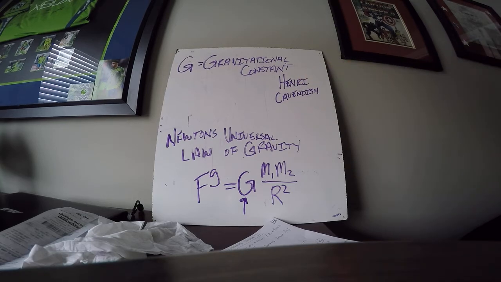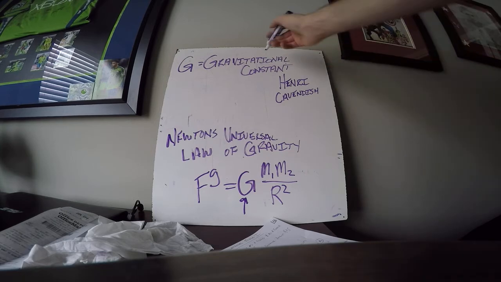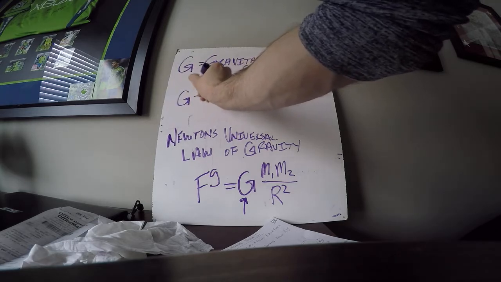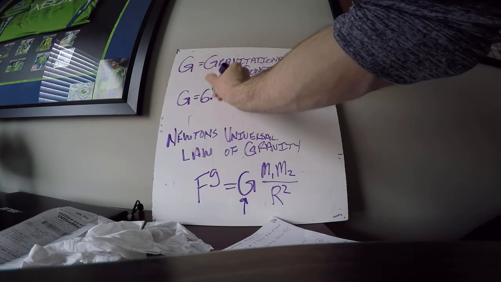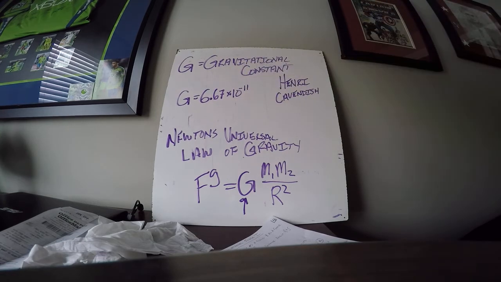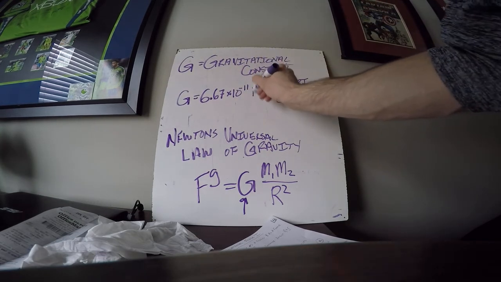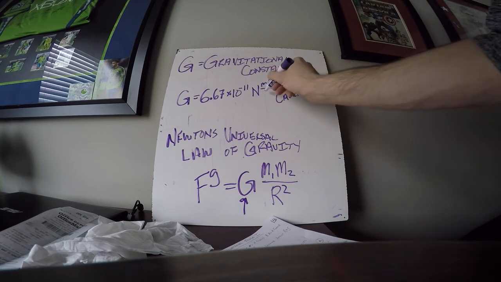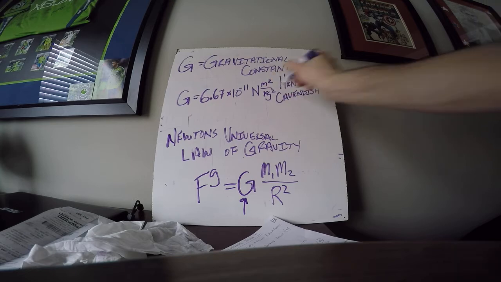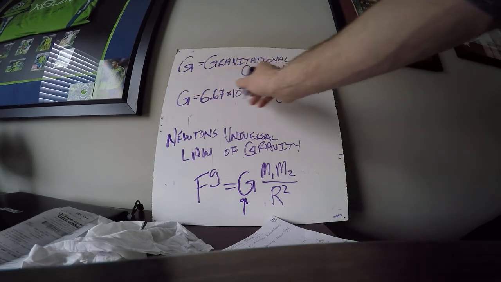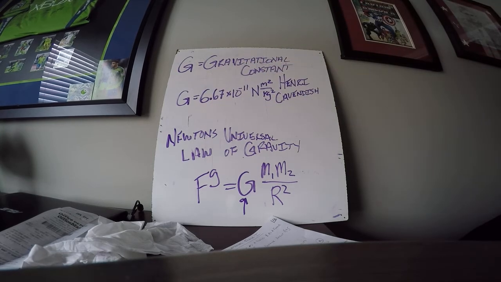He measured this gravitational constant in the metric system for the first time. So, without further ado, G equals 6.67 times 10 to the negative 11 Newton meter squared over kilograms squared. Yeah, that's a weird unit. This is the more important part: 6.67 times 10 to the negative 11. That is our gravitational constant.